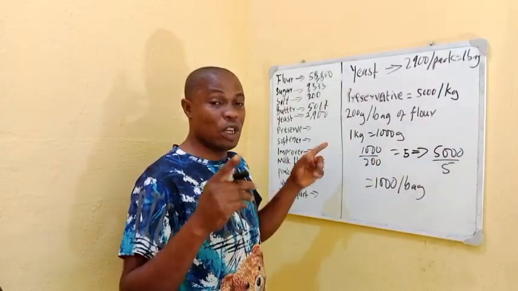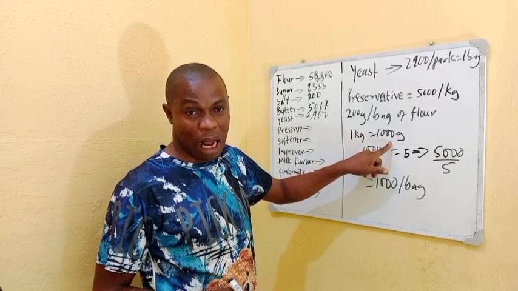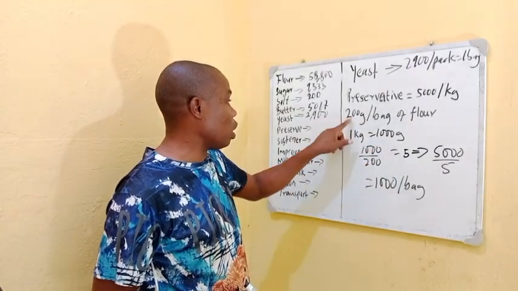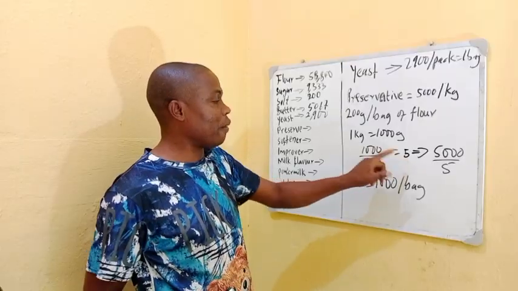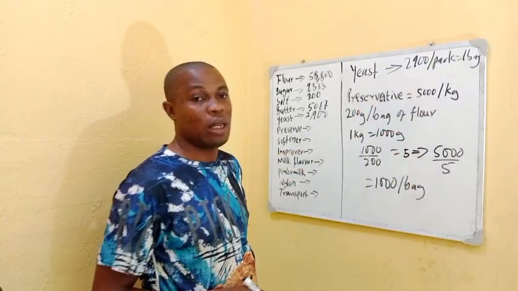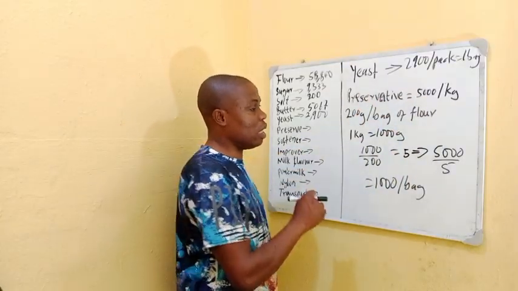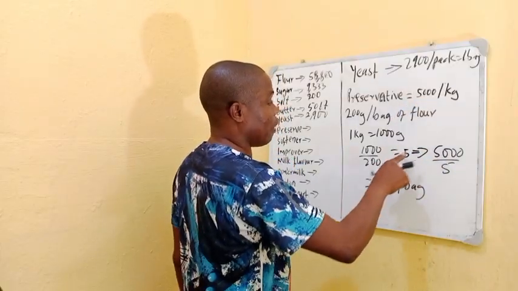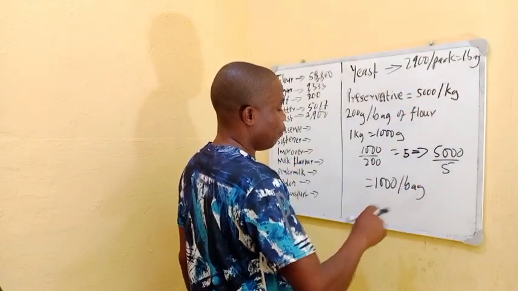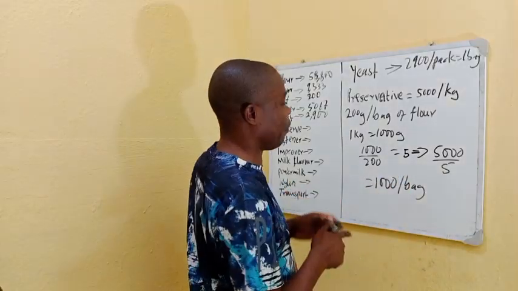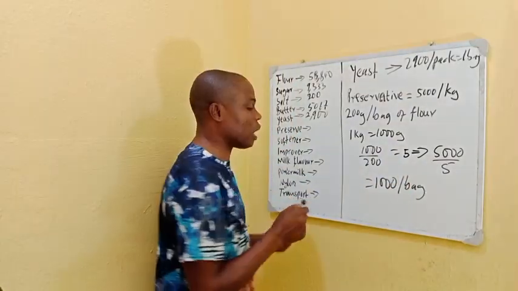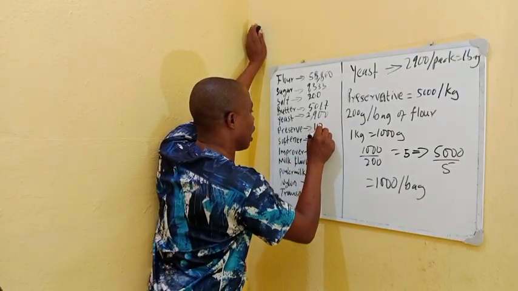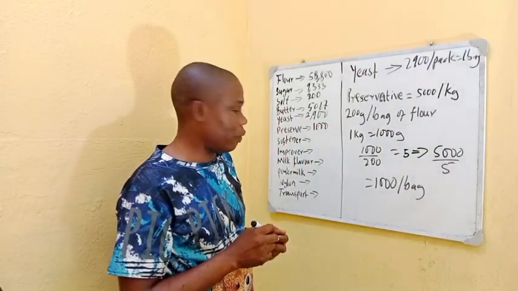We know that 1 kg is 1,000 grams, so if we divide the 1,000 grams by 200 grams per bag, we have about 5 bags per pack of the preservative. This means that the 5,000 naira, which is the cost of a pack of preservative, divided by the 5 bags it will take, gives about 1,000 naira for the preservative as a cost for one bag of flour.